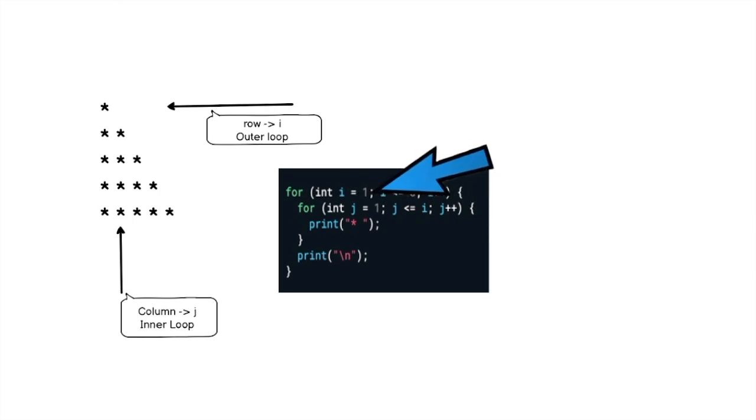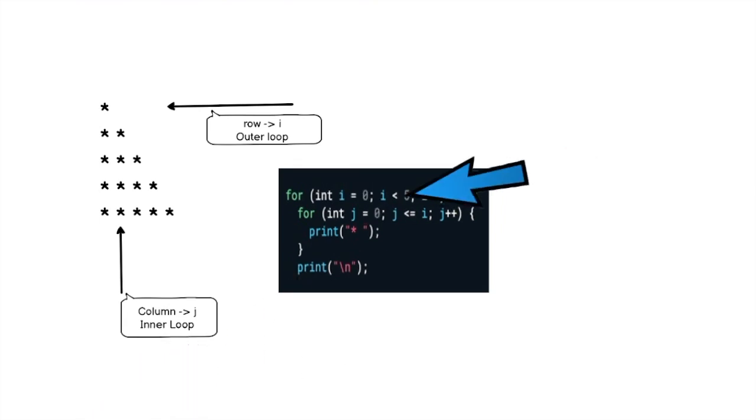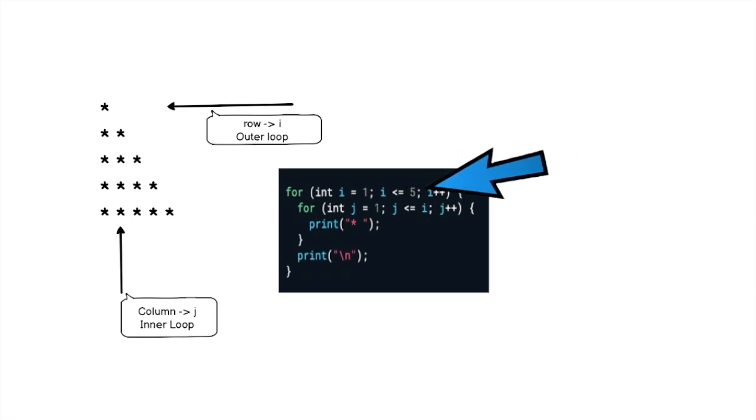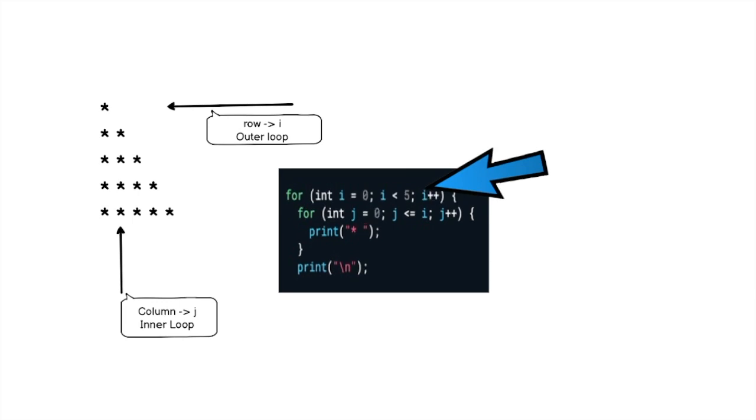If you want to start from 0 and not include 5, that is okay as well. So we'll stick to one example. The loop can start from 0 and go up to 5. If it starts from 0, it does not have to include the size, which is 5 in this case. If it starts from 1, it has to include the size, it has to go up to the size of the matrix.